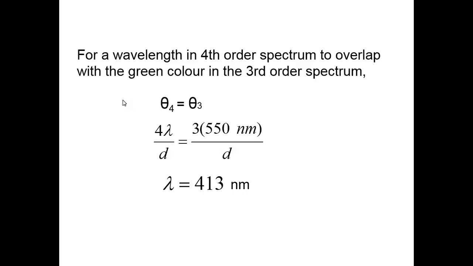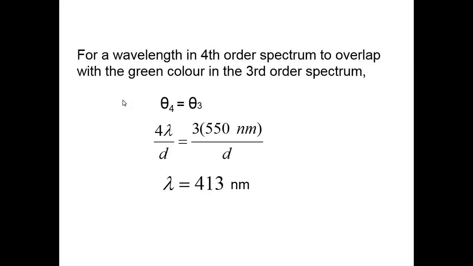So sine theta 4 will be 4 lambda over d, and sine theta 3 will be 3 lambda over d. The only unknown here is actually your wavelength lambda. We don't even need to know d because it cancels out on both sides. With that we get the wavelength 413, and that's the end of the lecture.